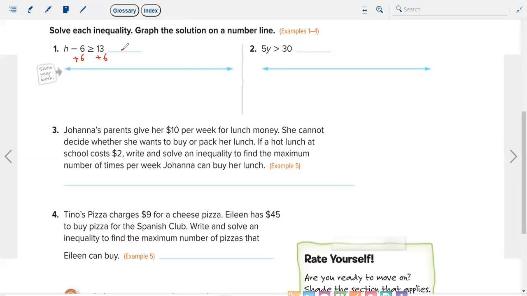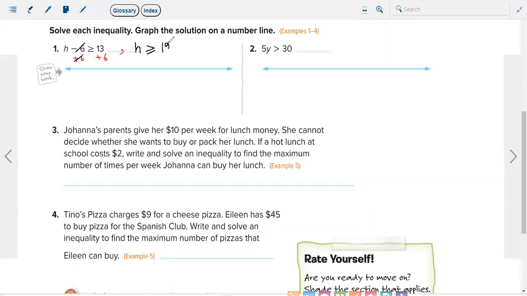I take a comma to continue on the same line. Now, plus 6 will cancel minus 6. So h remains alone in the left-hand side. We keep the inequality sign the same. 13 plus 6 will give you 19.